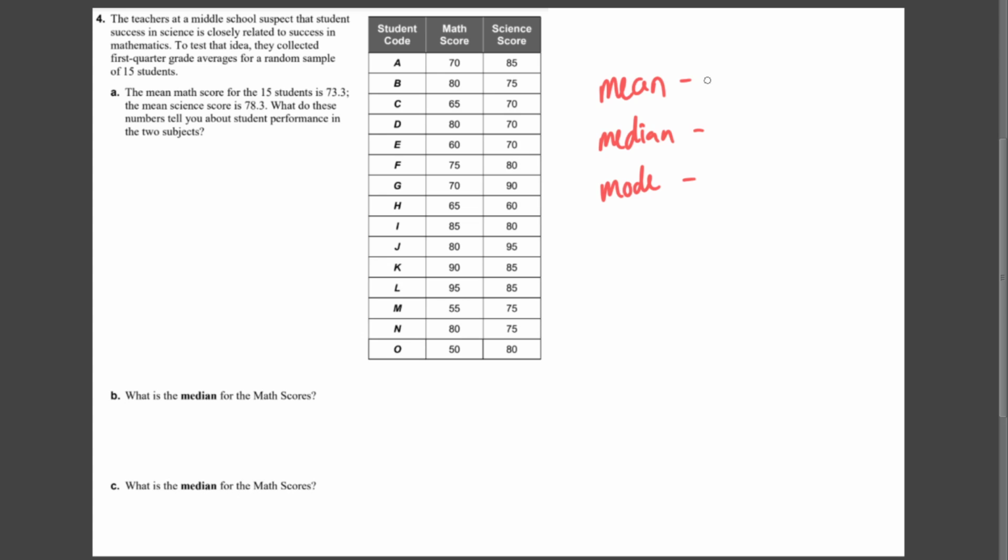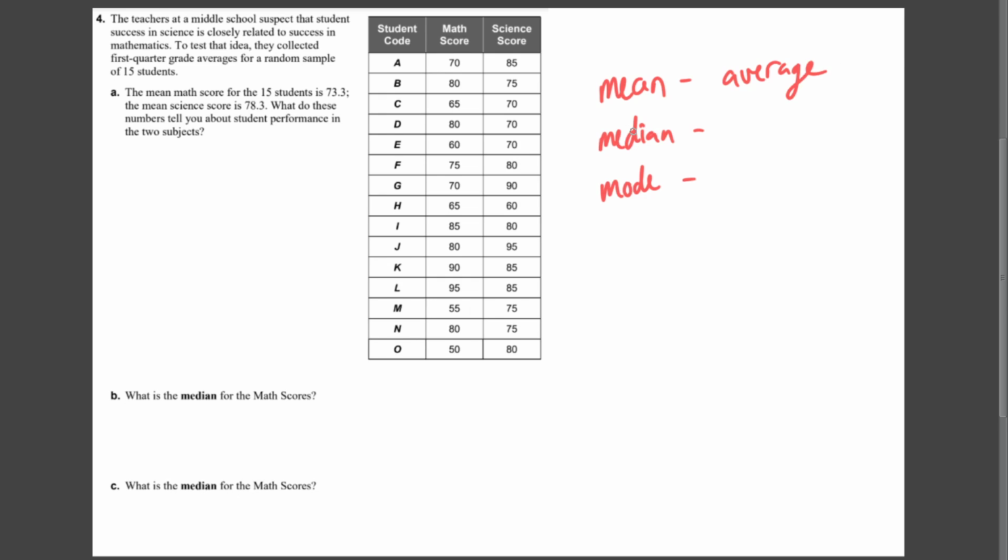So mean is where we're going to add all of the numbers up, so we would add up all 15 of these numbers, and then we'd have to divide it by 15. So we'd have all of the numbers divided by the number 15 to give us the mean. So essentially what it's doing is you are collecting all of these, and then you're going to evenly distribute it. So you're finding the average.